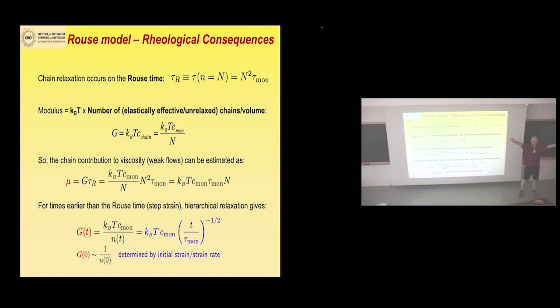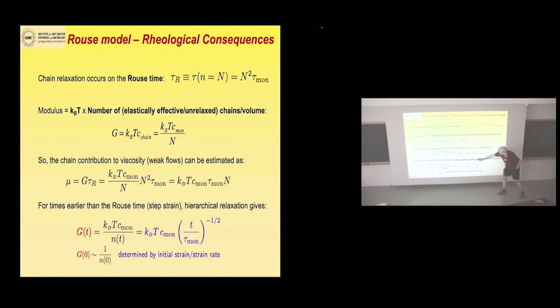I started out with it fully stretched, and after the Rouse time, the chain has come all the way down. Okay. But after a shorter time, it's relaxed a little bit, and I have subchains that have relaxed, and the number of subchains that have relaxed is much larger than the total length of the chain.